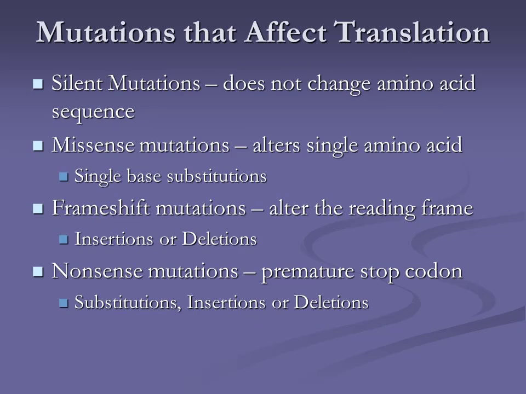Now, we mentioned frame shift mutations when we were talking about the production of our mRNA. We talked about the addition of 1 or 2 or 3 nucleotides or the deletion of 1 or 2 or 3 nucleotides, which would cause a reading frame of our codons to be moved.